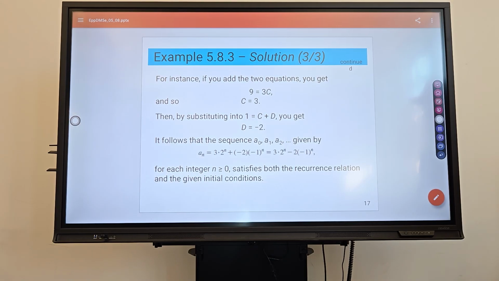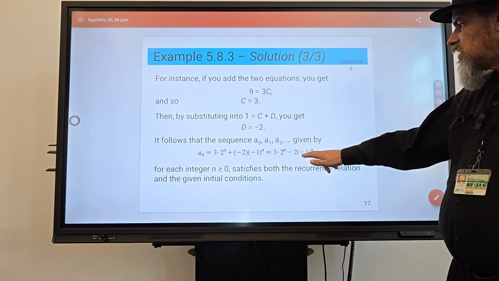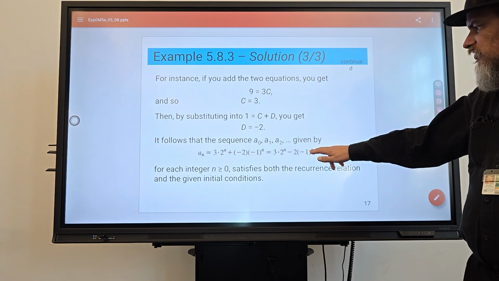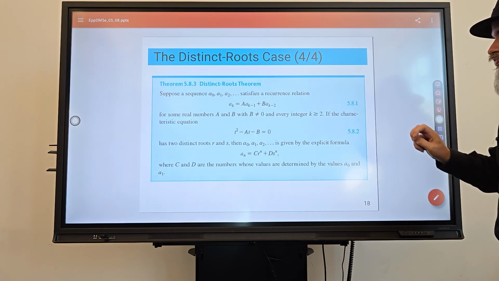You know how to solve a system of two equations. That's algebra 2, I think. But you get a sub n equals 3 times 2 to the n minus 2 times minus 1 to the n for each integer n greater than or equal to 0. And that satisfies both the recurrence relation and the given initial conditions.